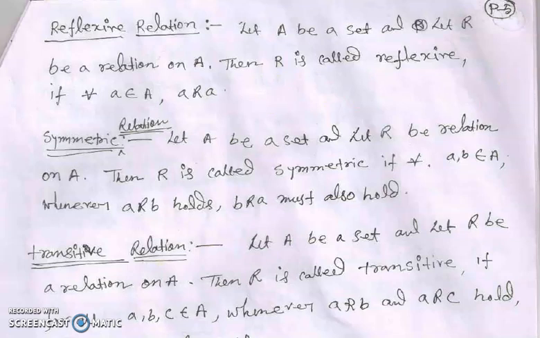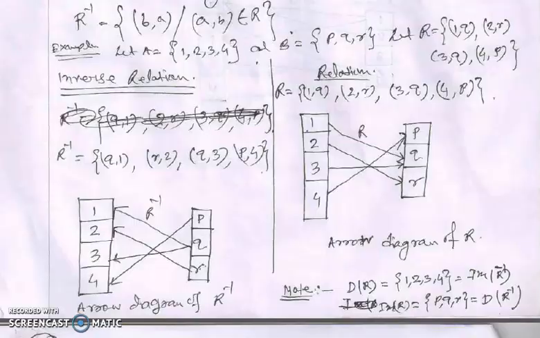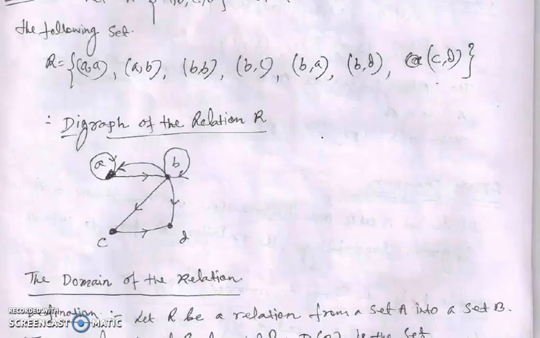According to the previous example, if we consider this diagram, it represents the relation. This relation is nothing but (a,b), (b,b), (b,c), (c,b), (a,b), (b,d), and (c,d). The question is: is this relation a reflexive relation or not? Yes or no? That is very important.